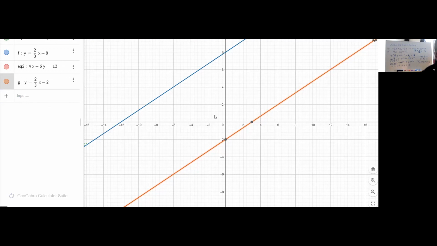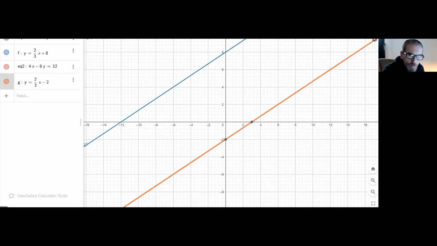So the slope is the same, the slope is 2/3, but the second line has a y-intercept at (0, -2). We're seeing the first line graphed in blue here, and the second line graphed in red, and because they have the same slope but different y-intercepts, they are parallel. Therefore, there can be no solution. The solution would have to be where they cross, and that's not happening here.